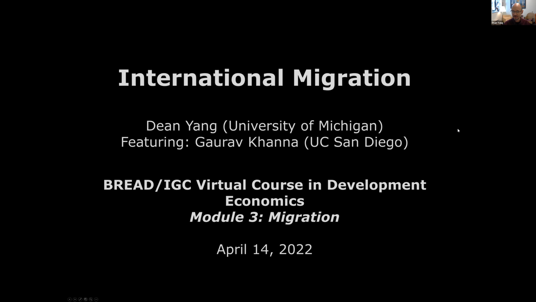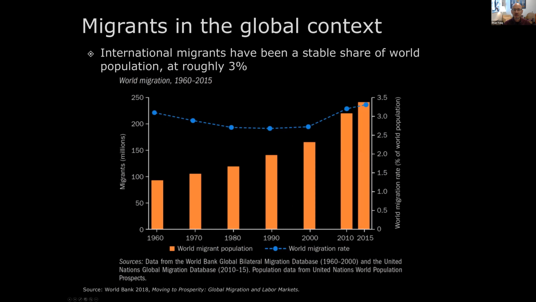Let me start off by setting the stage here in terms of the global context of migration. So international migrants on the planet have been roughly stable as a share of world population at about 3% of world population.